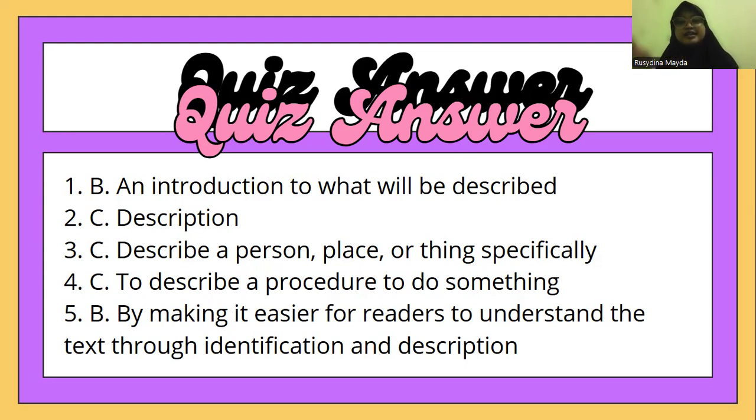Number three is C, describe a person, place, or thing specifically. Number four is C, to describe a procedure to do something. Number five is B, by making it easier for readers to understand with textual identification and description.